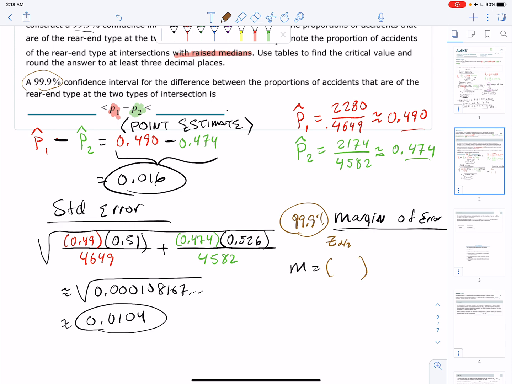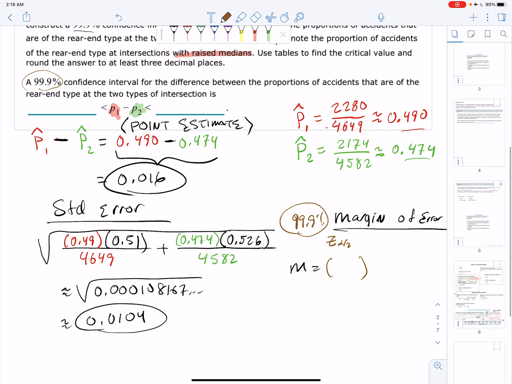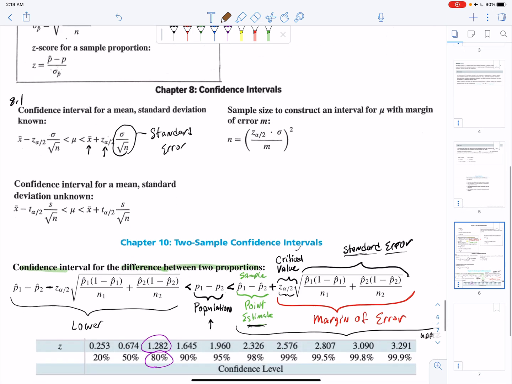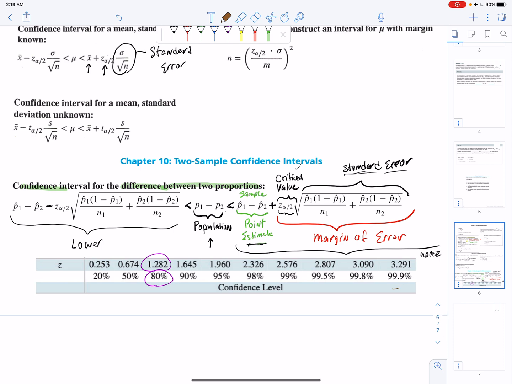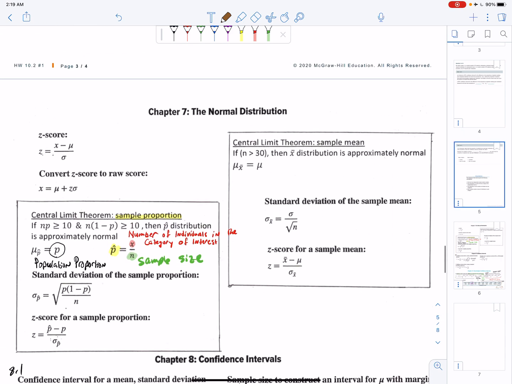So I'm going to look that up on my formula sheet. 99.9% has a critical value of 3.291.